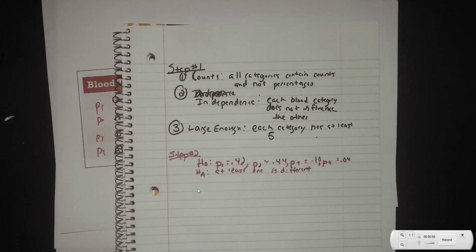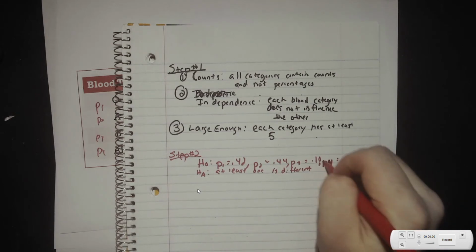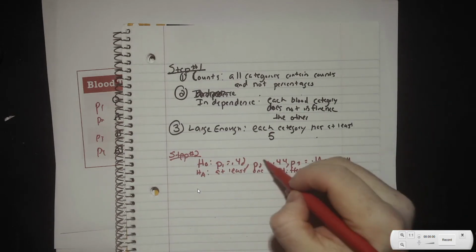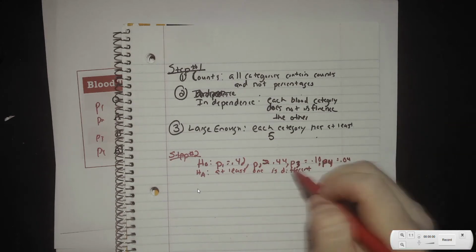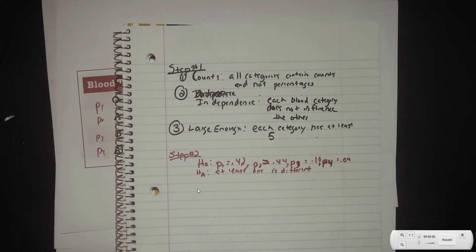Okay, so now I have that. Now to calculate my p-value here, just make sure it's all clear real fast. At least one is different. Okay, so calculating my p-value.